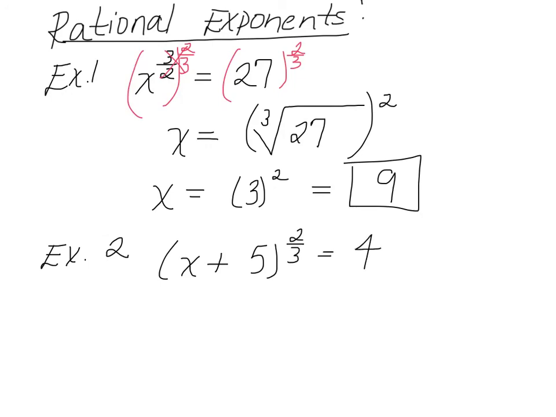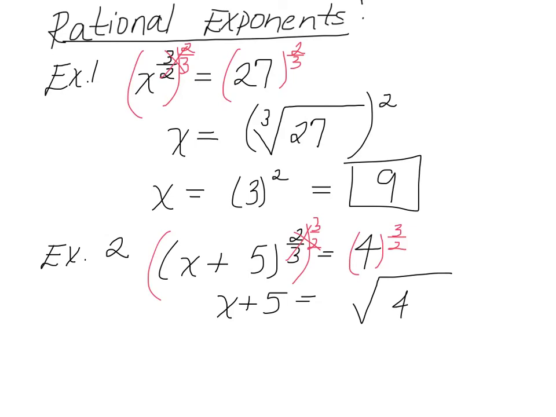If you have something like this, you still want to raise it to the reciprocal power. So it goes away. You immediately change to a radical. 4 is your base, 2 is your root, and you raise it to the third power. Because your root is even, you're going to have plus and minus.